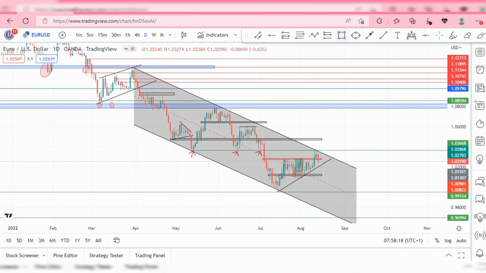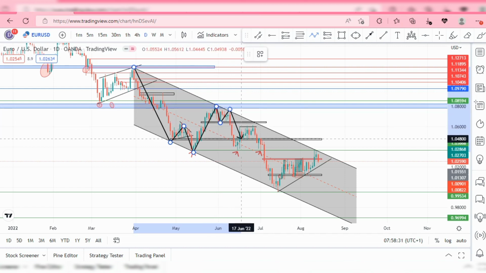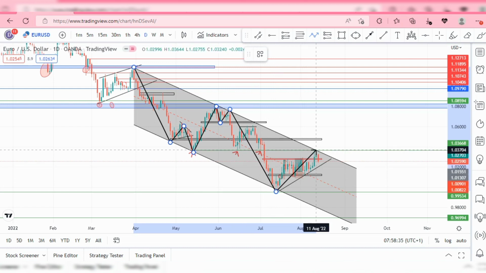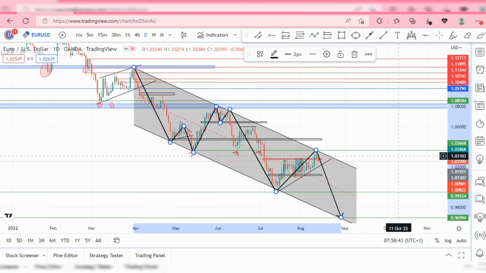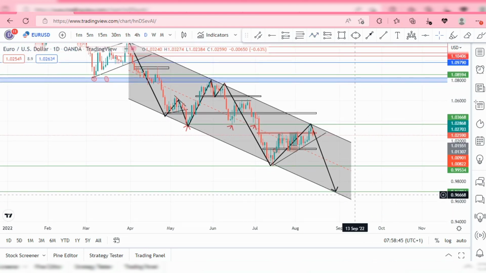So we can see the descending triangle clearly here. Price coming to test this level here, and then went back up to test that level as well. Came back down to test it again, and then back up to test it again. So I'm expecting price to bounce from this level again all the way to the downside, possibly to the 0.97 area, which is also another significant area that price hasn't tested in a very long time.